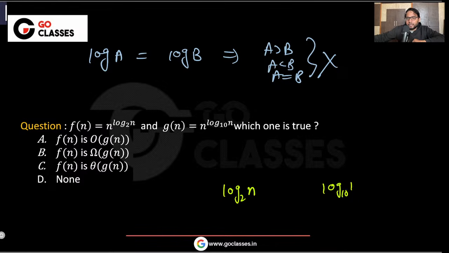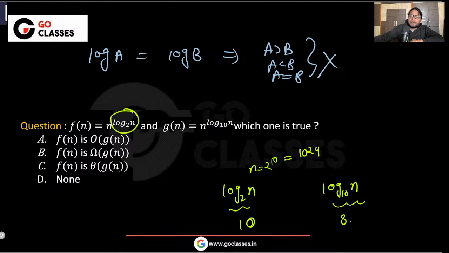You can put maybe some n, let's suppose 2 power 10. It is 2 power 10, which is basically 1024, so log base 2 will be 10, and log base 10 will be approximately 3 point something. So if the base is 2, then it seems to be greater, right? Which means this power is greater than this power.